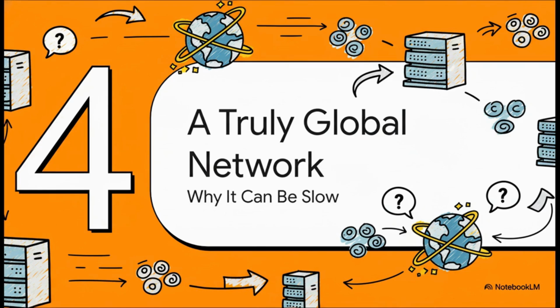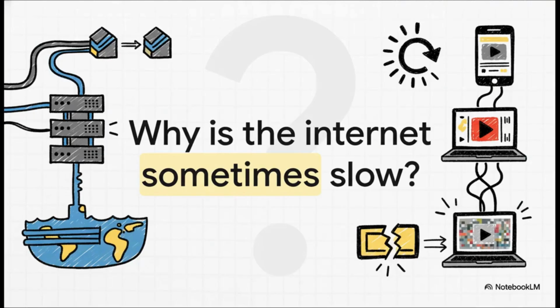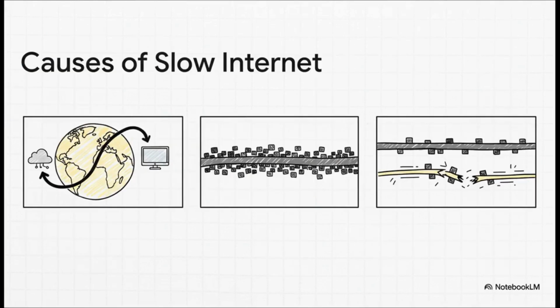But if the system is so efficient, that leads to a very common question. Yeah, if it's this brilliant, why do we still end up staring at that loading screen? Why does our video start to buffer right at the most exciting part? Well, it all comes down to real-world physics. First, you've got distance. The further away that server is, the longer that round trip takes for all those little data packets.